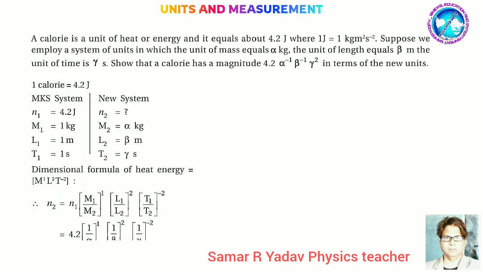A calorie is the unit of heat or energy, and it equals about 4.2 joule, where 1 joule is equal to 1 kg meter square per second square.